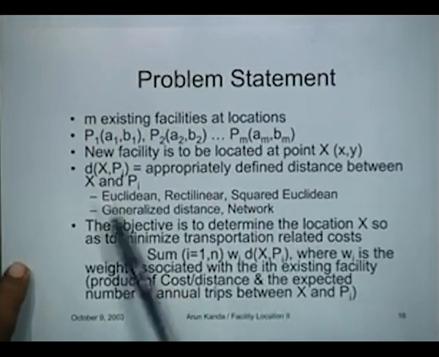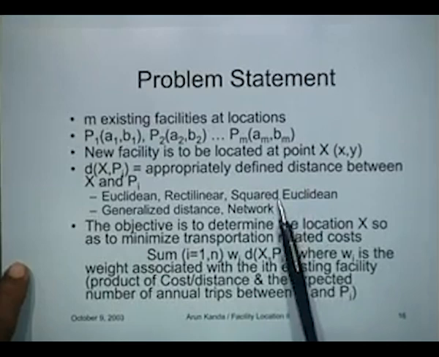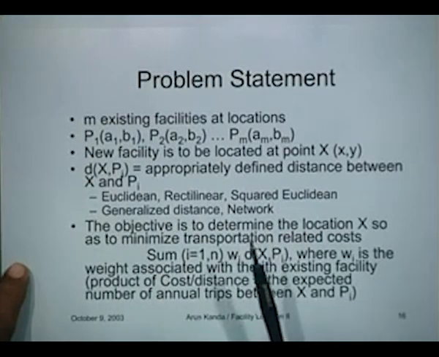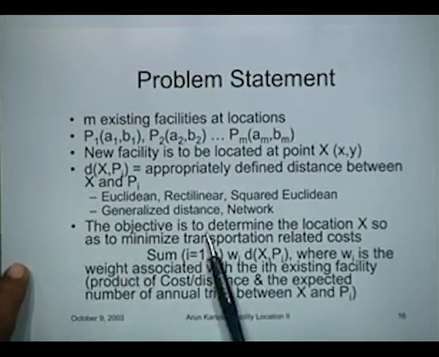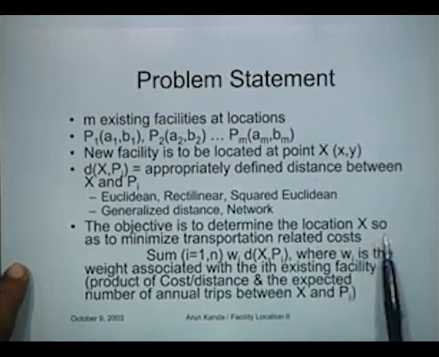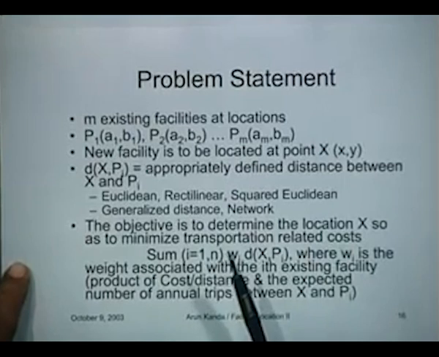And in fact, this would define the variety of models which are available even for this simple problem, the single facility location problem. And what's the objective of this exercise? The objective is to determine the location x for the new facility so as to minimize transportation related costs.